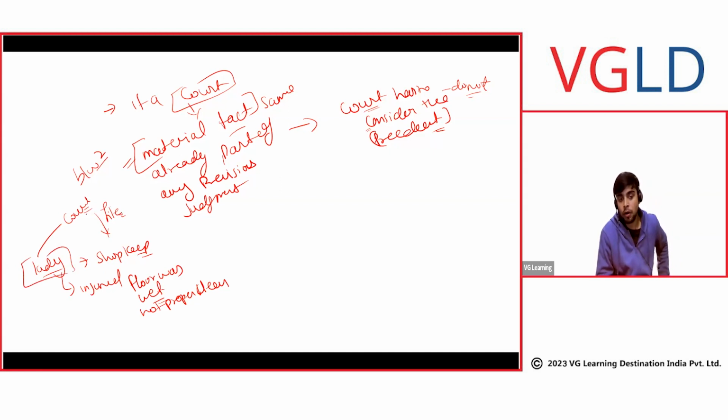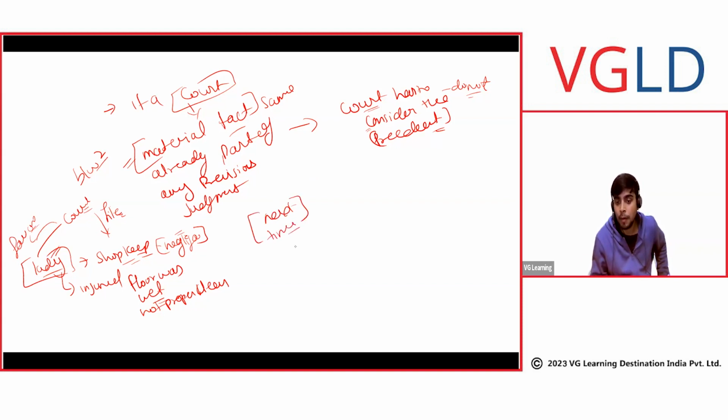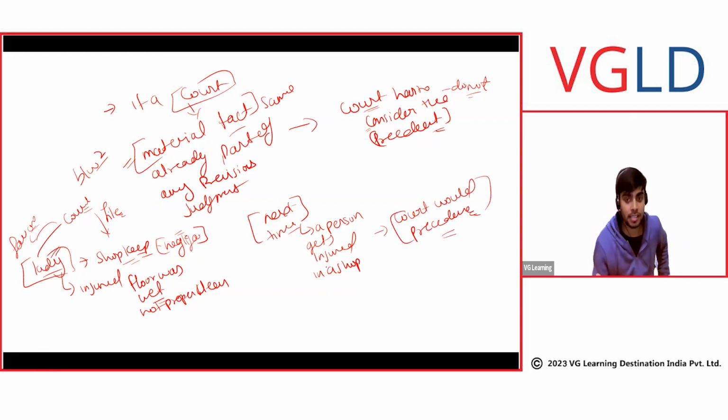Based on the evidence that the shopkeeper did not take proper care of their premises, based on the negligence, the court favors the lady and passes the judgment in her favor. So next time an incident happens where a person gets injured in a shop, the court would use the previous case as a precedent, and they would not change this precedent.